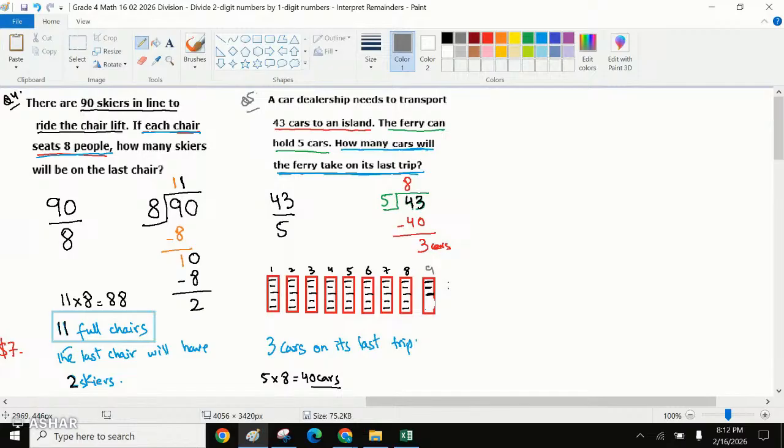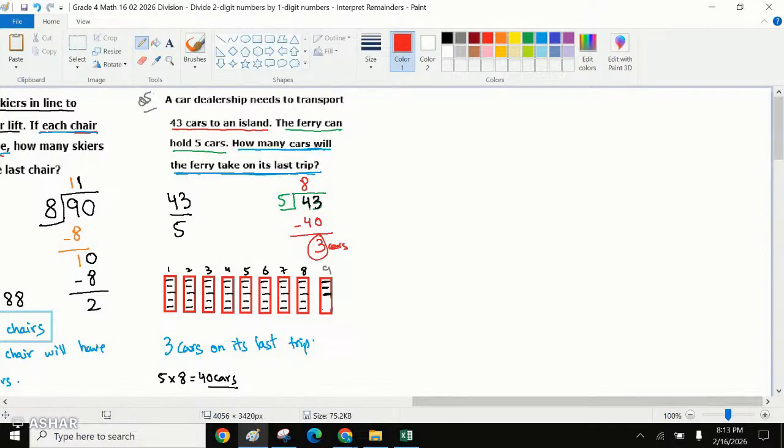Perfect. 3 cars on the last trip. I was just giving you a representation through the diagram, right? You don't have to do that. This was the answer already. You do not have to do this lengthy working. I'm here to explain. That's why I was doing that.